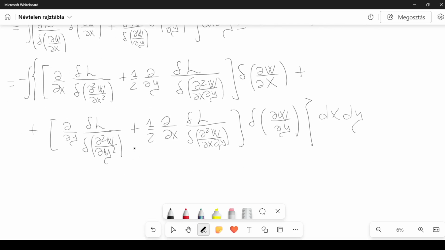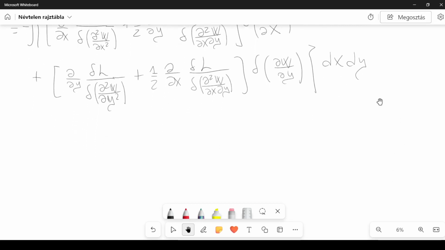And later we will come back to this. We will see what kind of equations this will give us. It's quite important because you will see that what will appear are the bending moments, the shear stresses, and also the twisting moment.